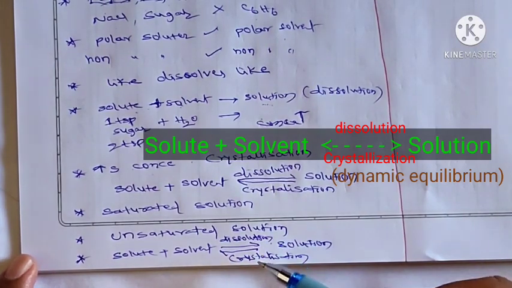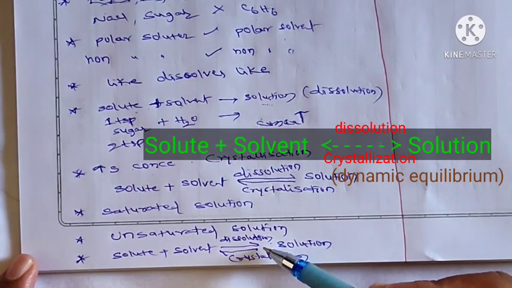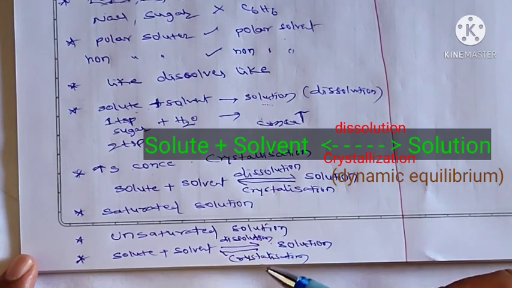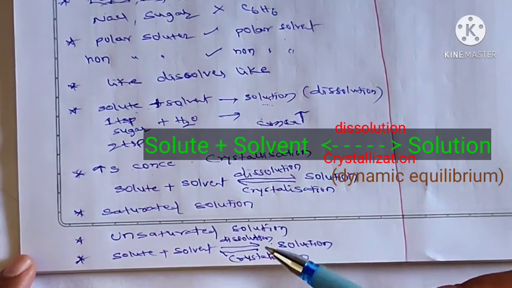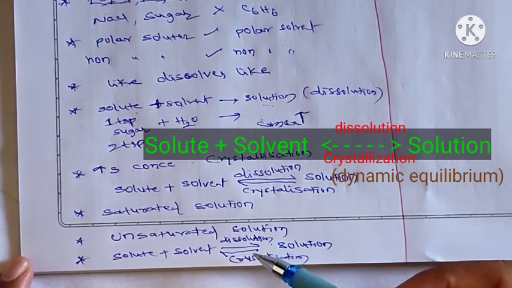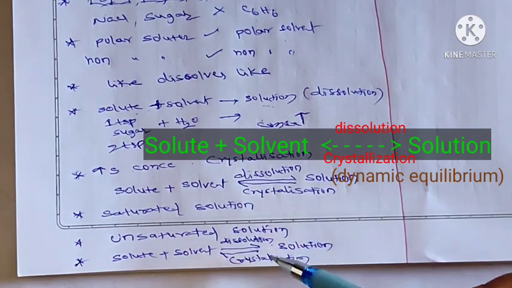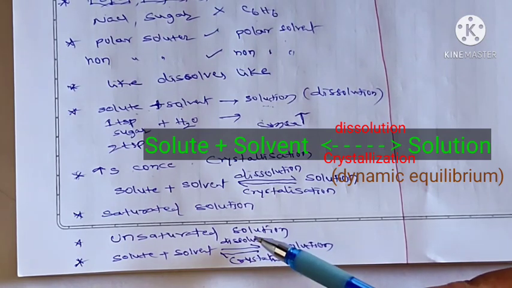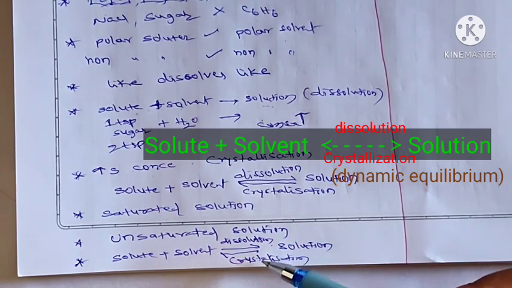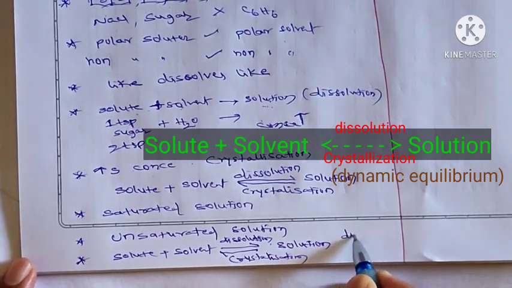If both processes have the same rate, that stage is called dynamic equilibrium.